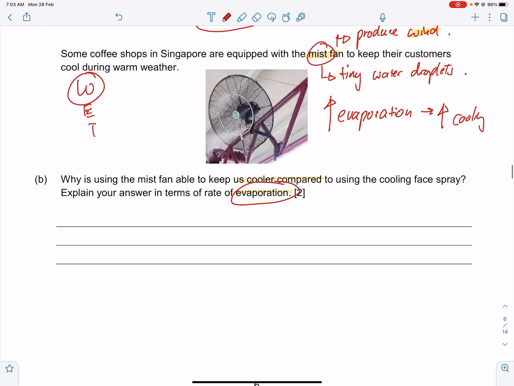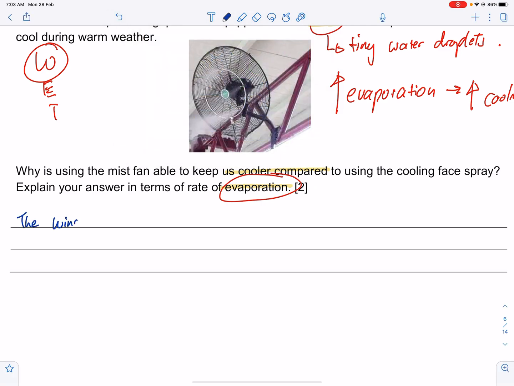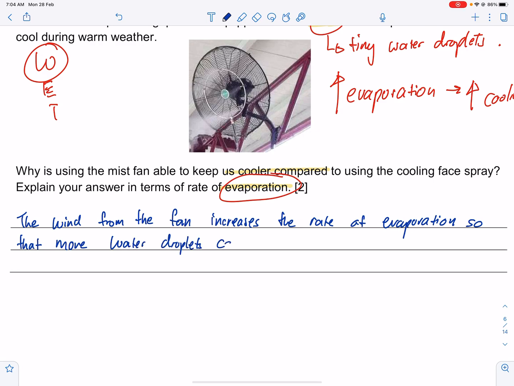So how do we then translate this into a written form? Okay, let me just pen that down for you. The wind from the fan increases the rate of evaporation, so that more water droplets from the fan can gain heat from our skin as they evaporate.